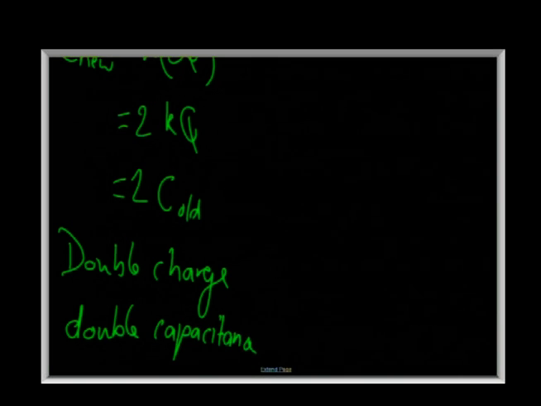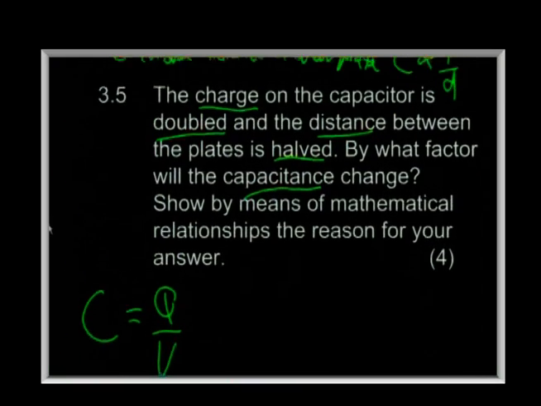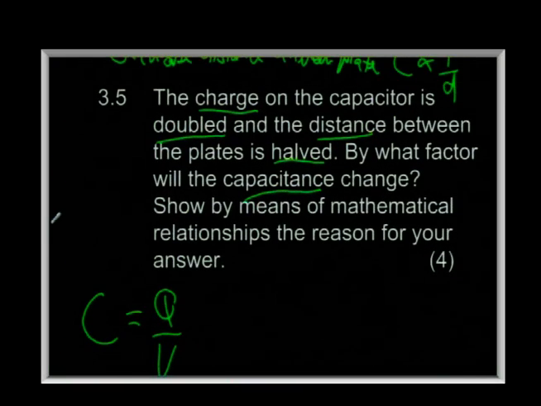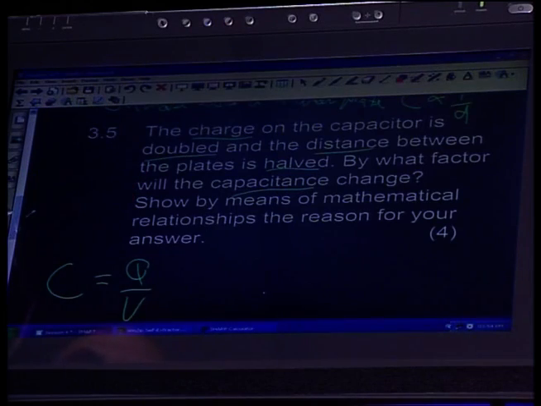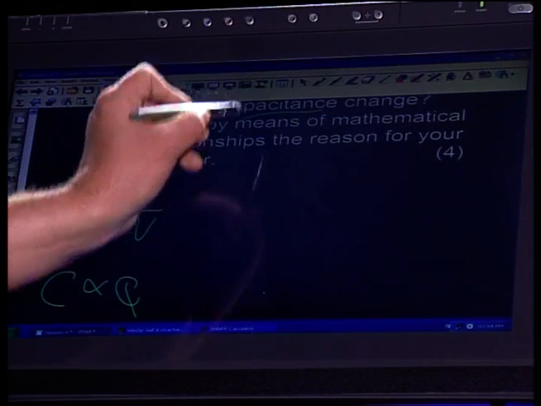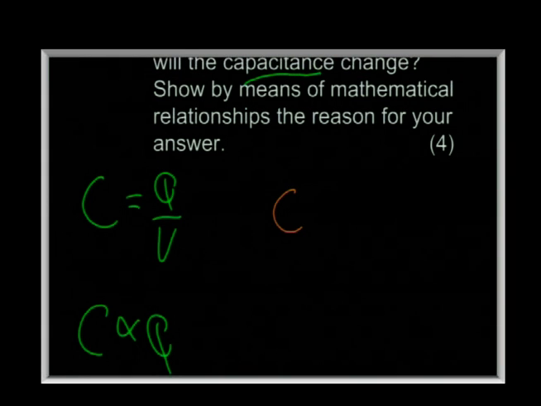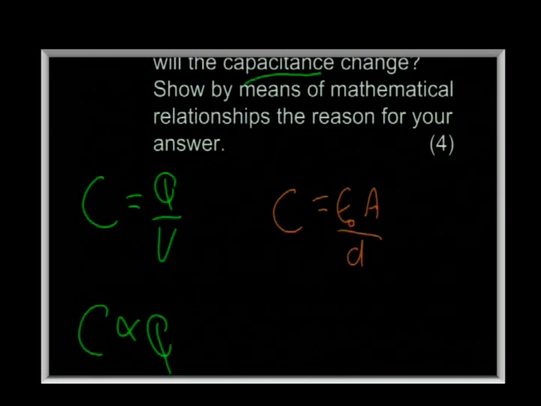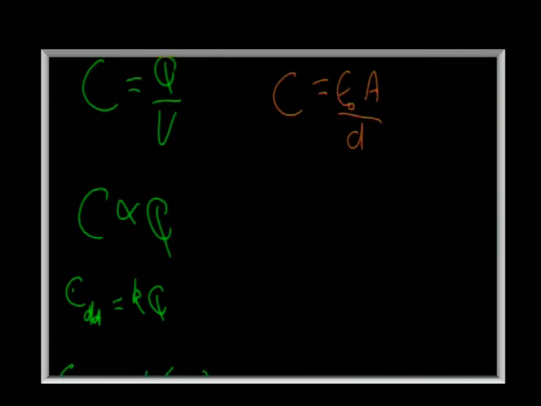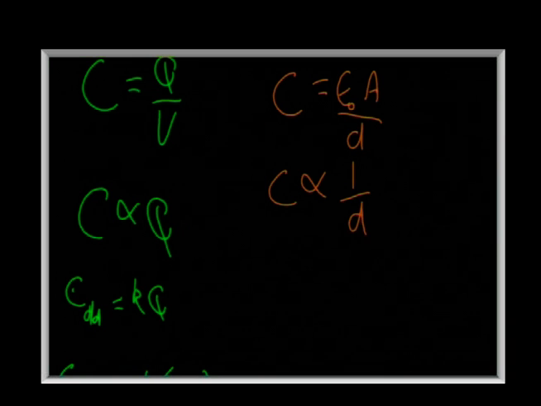That wasn't the only change that took place. What was the other one? The other one was that we halved the distance. So I'm going to write the formula here for the second equation, which we know is going to be epsilon naught, the area over d, and that's all a constant. So I'm going to write it in this way to say, well, we know that means that capacitance is directly proportional to 1 over d.